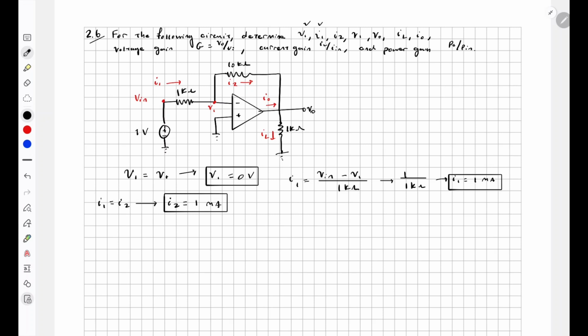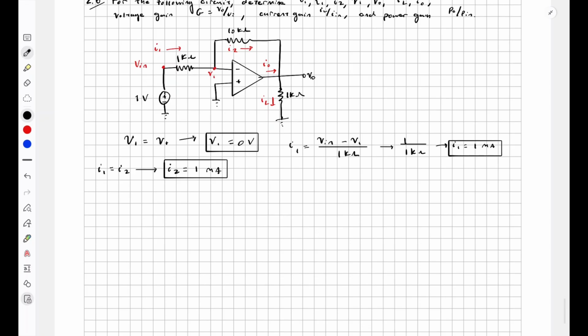Now to find V out, we can just do a KVL in this direction.